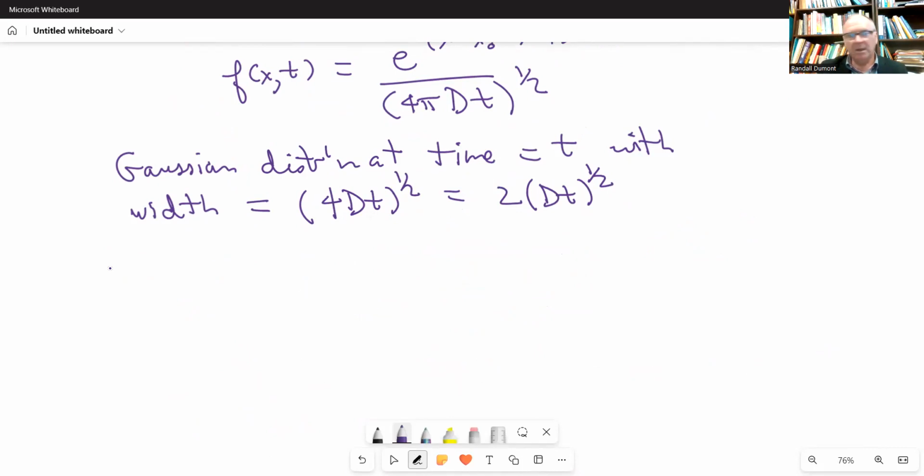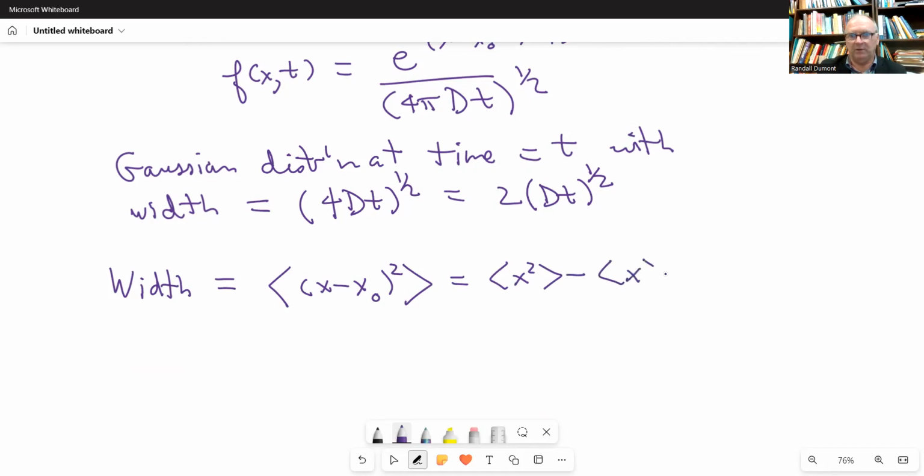So the width will be defined as the average of the deviation, the average of x minus x naught squared, which, by the way, can be written as the average of x squared minus the average of x squared, because x naught was equal to the average of x.